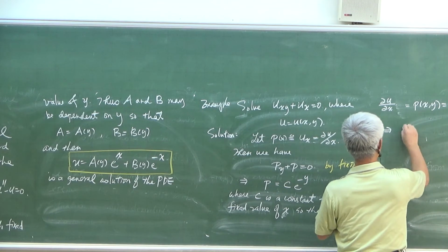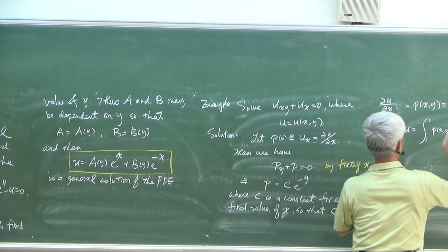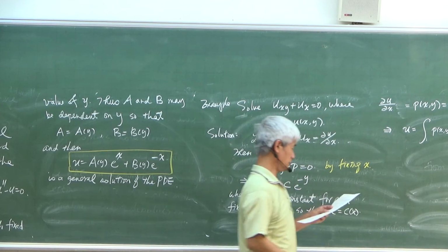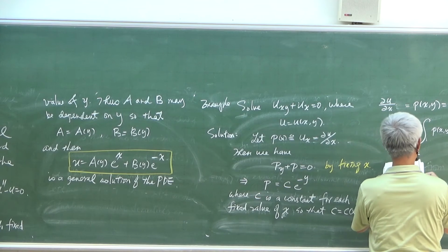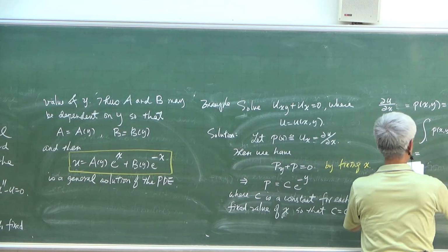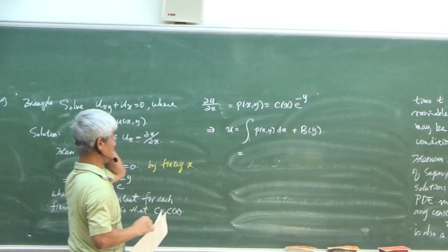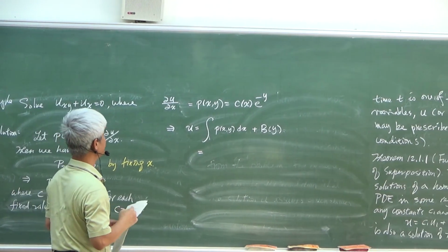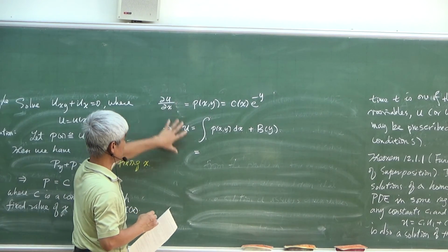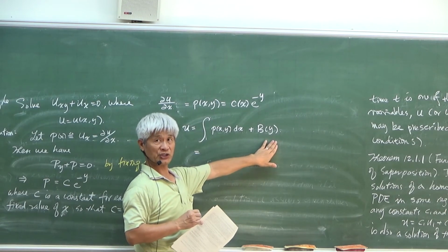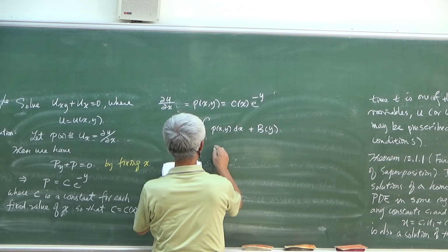So this implies that u is equal to the integral of p(x, y) dx plus d(y), because when we integrate over x, we have this constant, which in general depends on y.